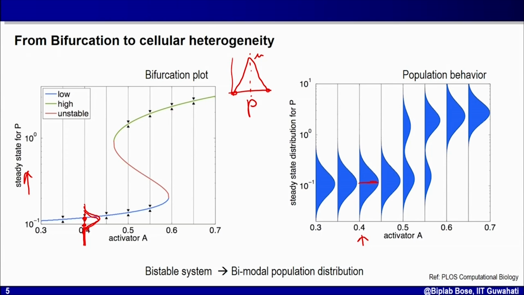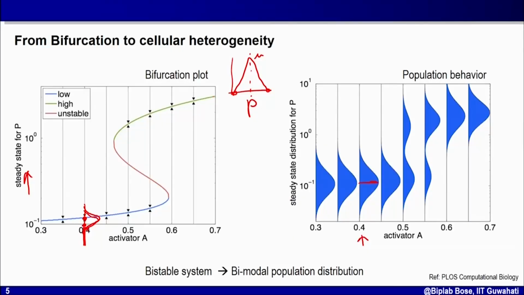Now when you increase the value of the signal, suppose from an external agent I am adding extra signal and make this signal A 0.7, then the new steady state will come after some time, and all cells will move toward this particular steady state. At this steady state, the average value of protein in the cell population will be this value.